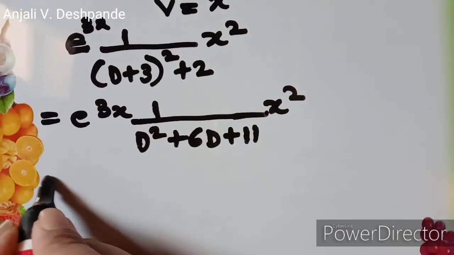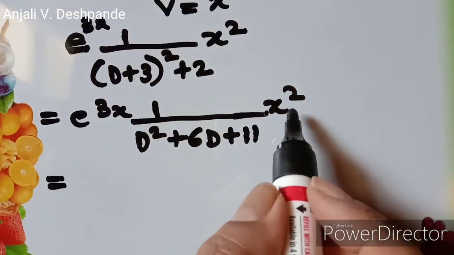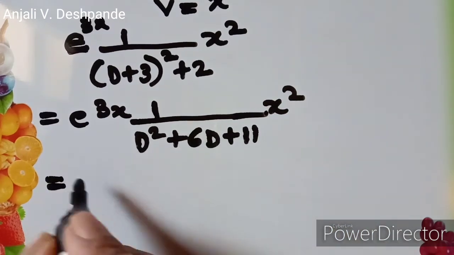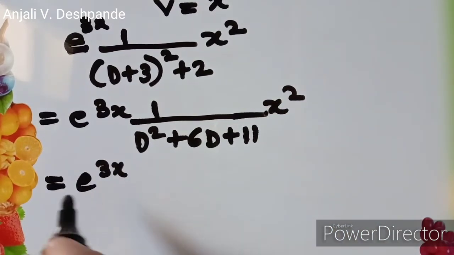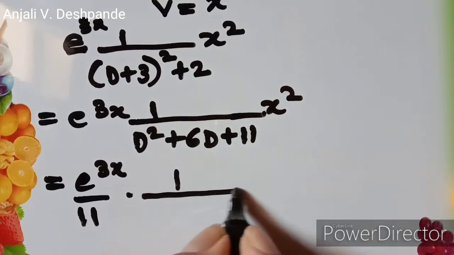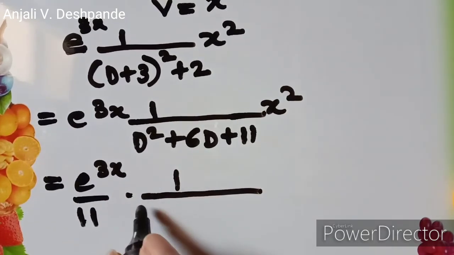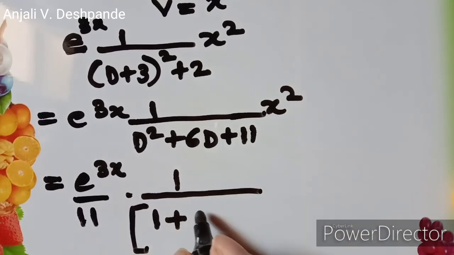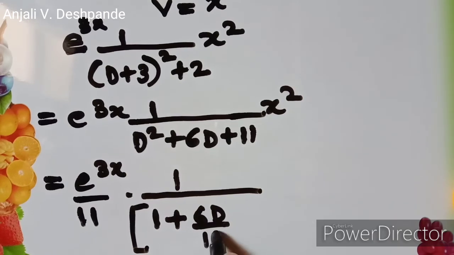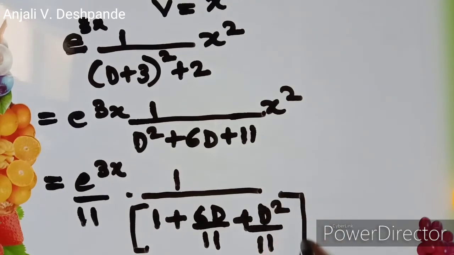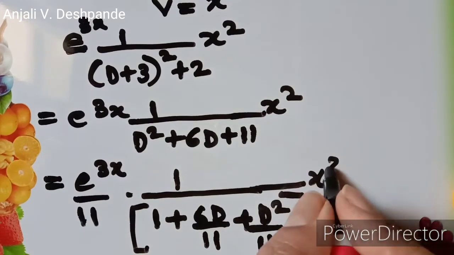Now what we are going to do, this function is of x raised to m form, that is case number 3. So we have to rewrite all this by writing like this, 1 upon 11 into bracket, 1 plus 6D divided by 11 plus D square divided by 11, x square.